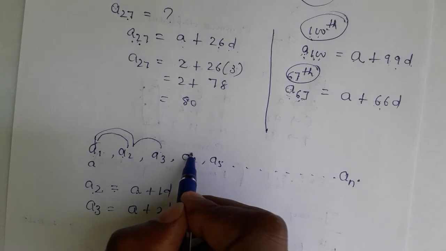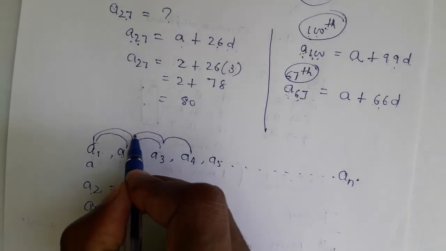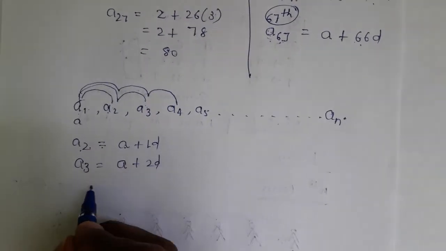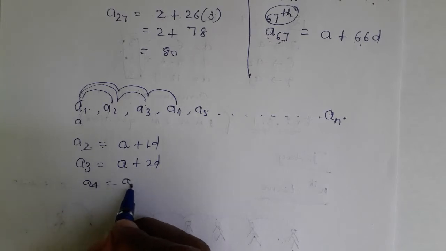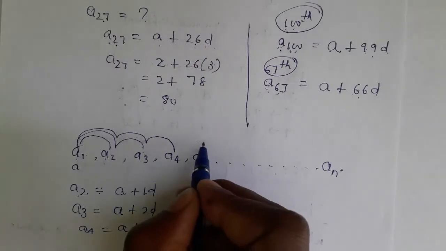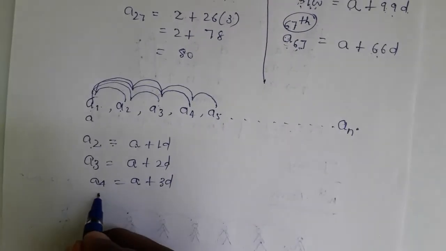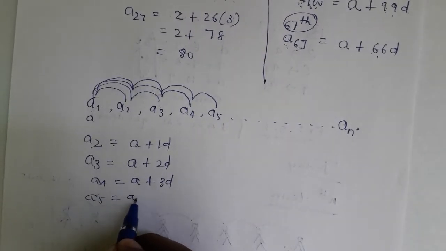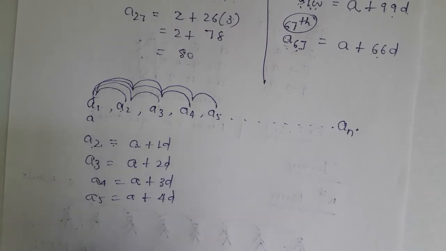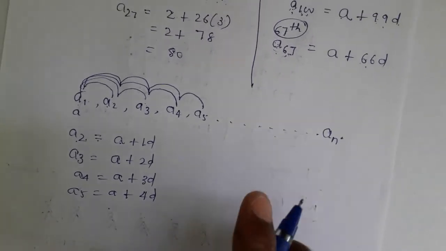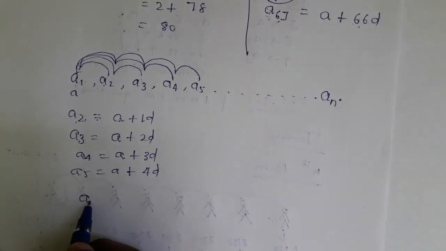Next A4. A4 goes to A: 1, 2, 3. So that means A4 goes to A by taking 3 jumps. Next A5: 1, 2, 3, 4. That means A5 goes to A by taking 4 jumps. Similarly, we go to An.